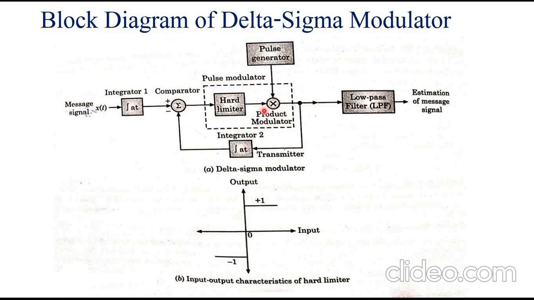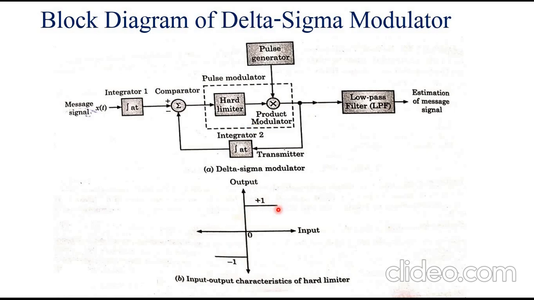The input-output characteristic of the hard limiter is shown in this figure. If the input to this block is negative, then it will produce a -1 output, and for all positive inputs, it produces a +1 output.